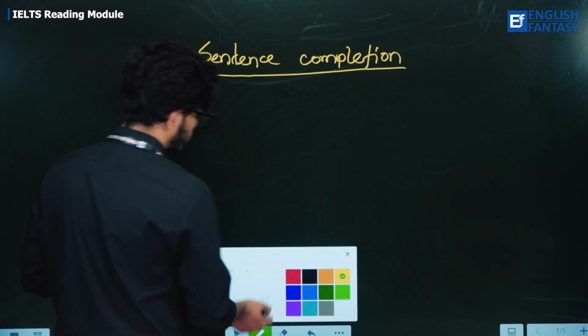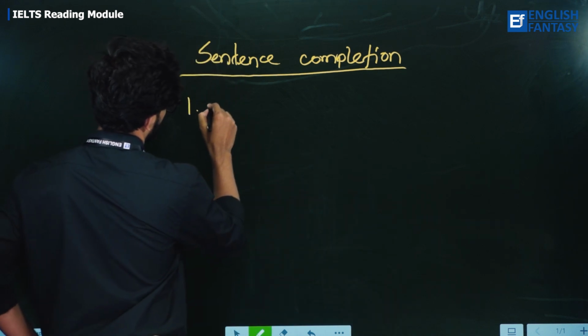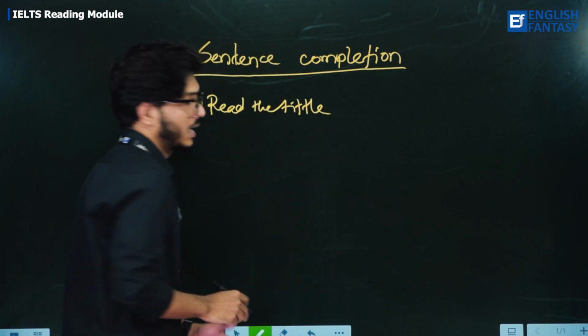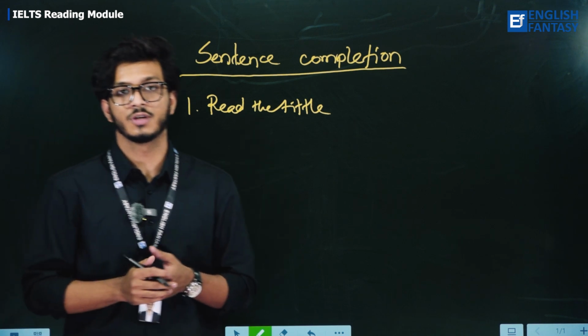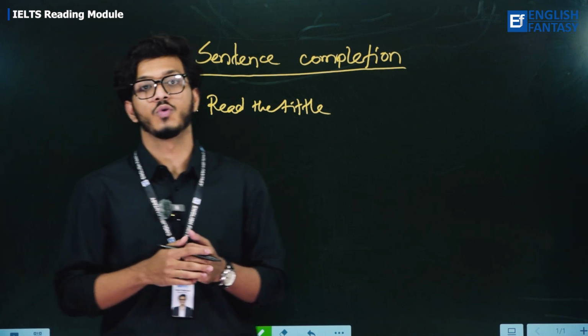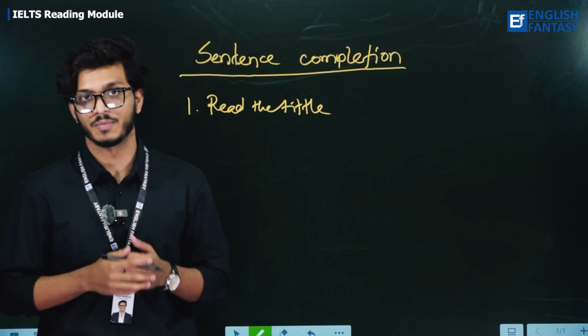If you want to solve sentence completion, the first thing you have to do is read the title. As I mentioned before, you have to read the title so that you know the passage, and you know what is going on in this passage and the main theme of the passage.